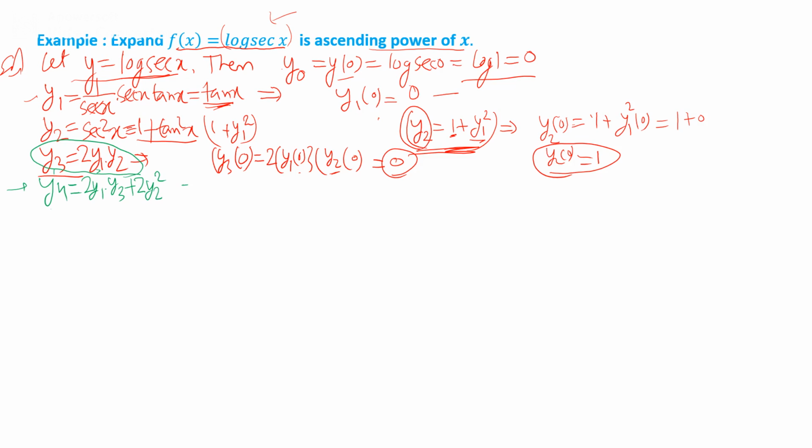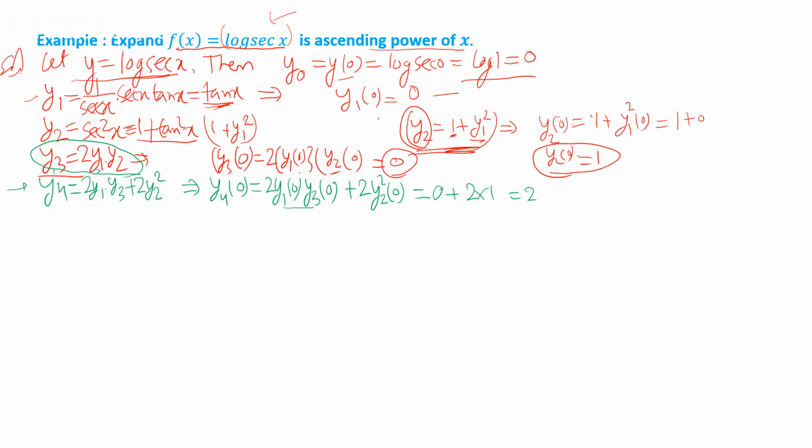Now again you check the value of y4 at 0, so you just write 2 y1 at 0 y3 at 0 plus 2 times y2 at 0 whole square. Here y1 is 0, so that term becomes 0, plus 2 into y2 at 0 is 1, so we get 2.